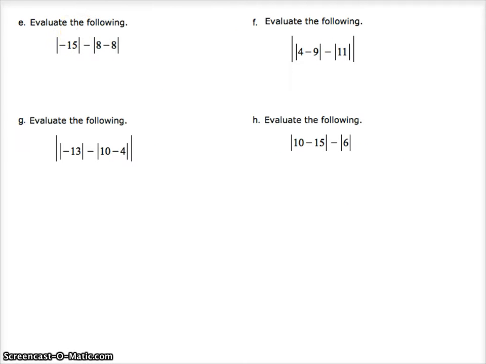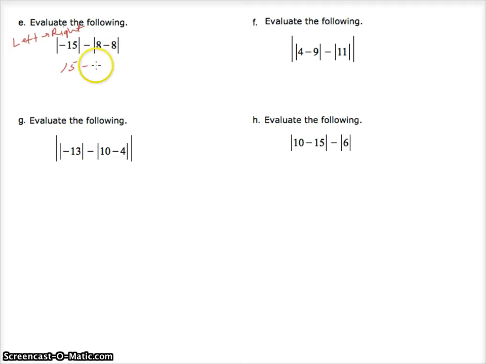Letter E says evaluate the following. The absolute value of negative 15 minus the absolute value of 8 minus 8. Now these look complicated, but they're really not. What we just need to make sure we do is work left to right. First we need to find the absolute value of negative 15, and that's going to be 15.